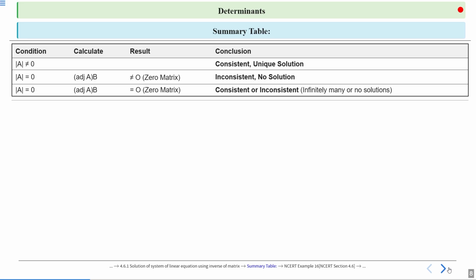In this case, we calculate adjoint of A into B, and if adjoint of A into B is not equal to 0, that is subcase 2a, then the system is inconsistent and has no solution. And in the third case, if adjoint of A into B is equal to 0, then the system is consistent or inconsistent. But if it is consistent, then it has infinitely many solutions.